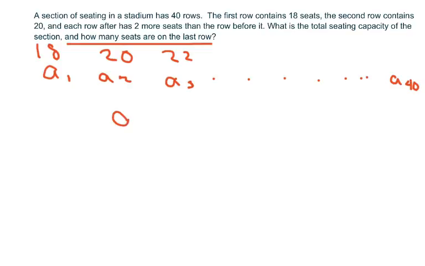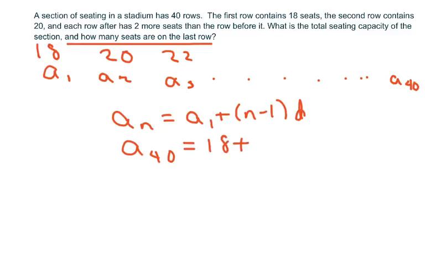And you're going to use this formula, which you should already know. So for my a_40, my n is 40, so it's 18 plus (40 minus 1), which is 39, times my common difference, which is 2.